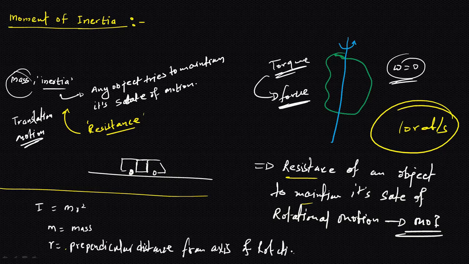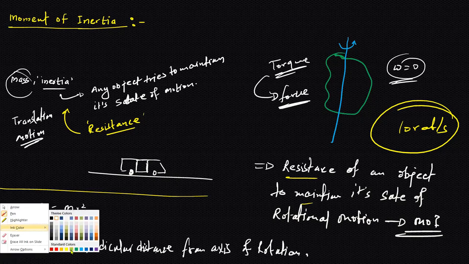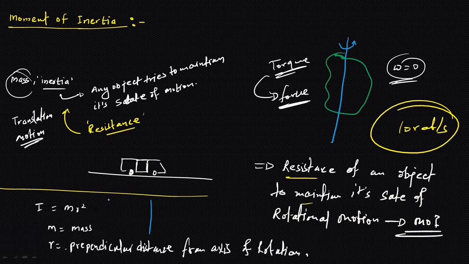Okay, fine. So here it is for the point mass. For example, let's say this is our axis, and this is the point mass that is kept over here. Now the mass is 5 kg, let's say, and this is, let's say, 2 meters.